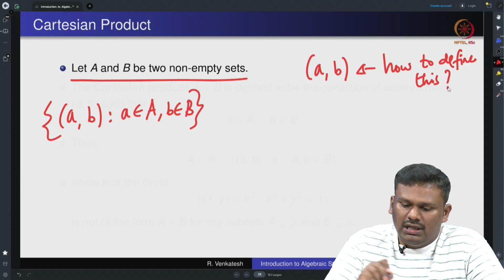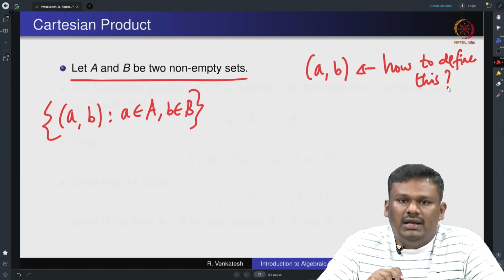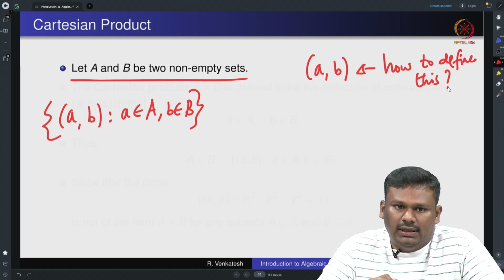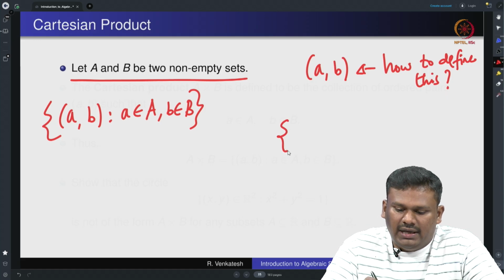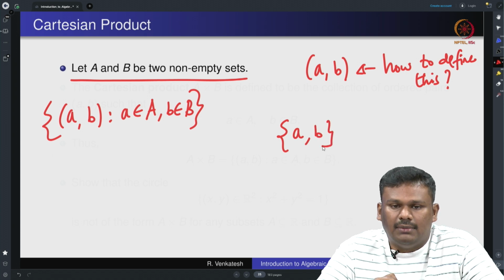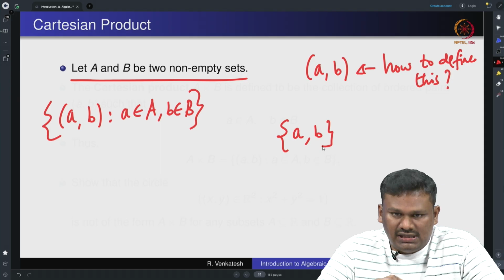If I am only interested in recording the data a, b, that is simply given by the set {a, b}, because this set records the data a, b. But the problem with this set {a, b} is that it does not see the order.